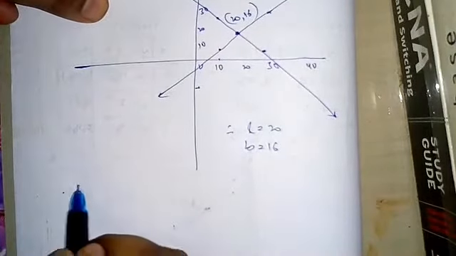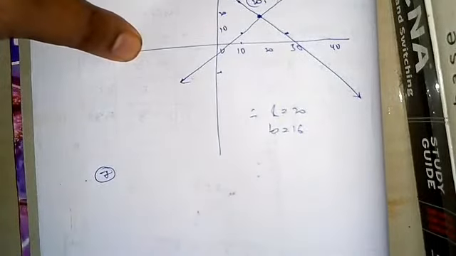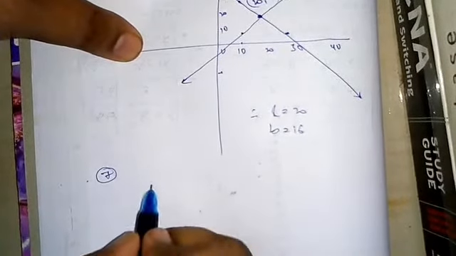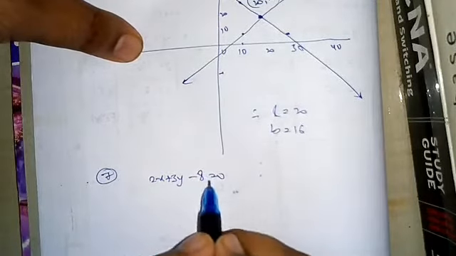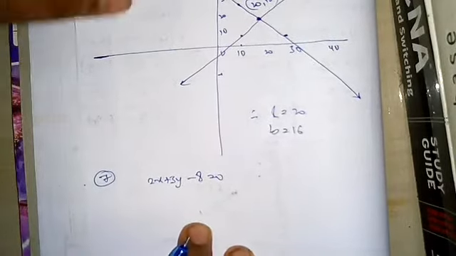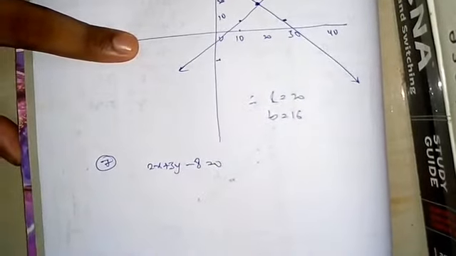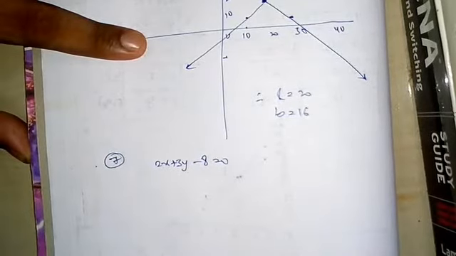Next question, 7th one. We have a linear equation 2x plus 3y minus 8 is equal to 0. Write another linear equation in two variables x and y such that the geometrical representation of the pair forms intersecting lines. So the first condition is it should be an intersecting line.